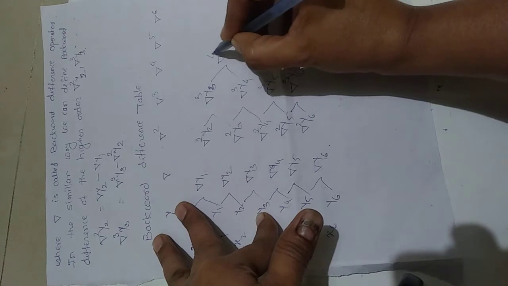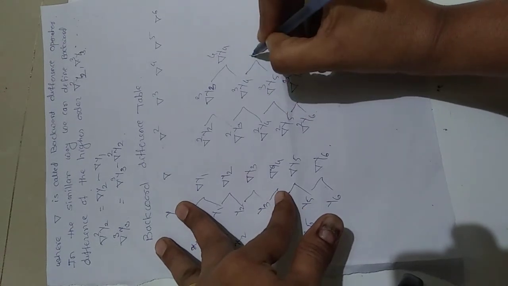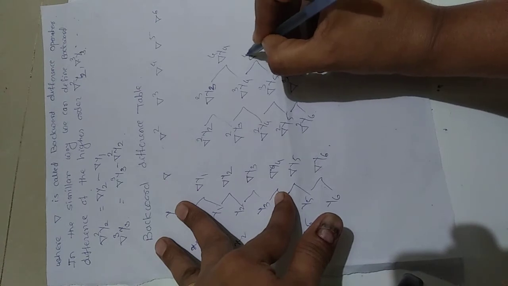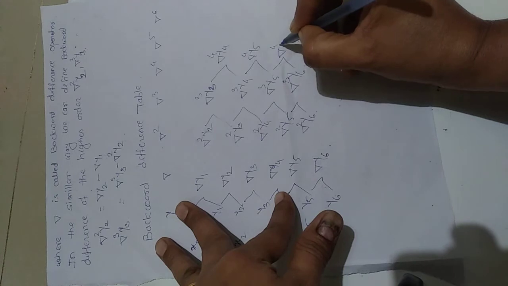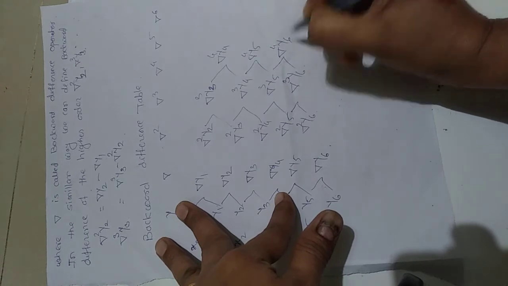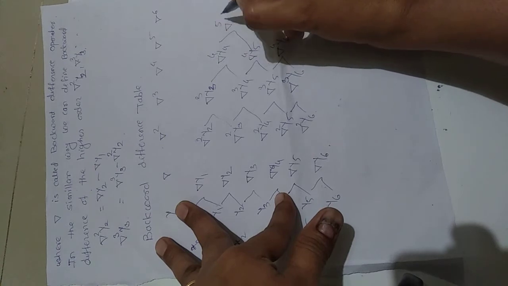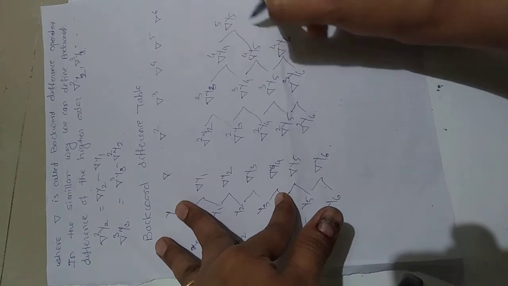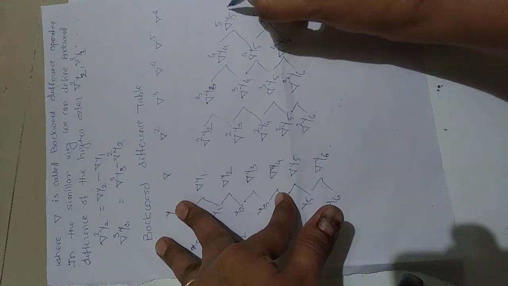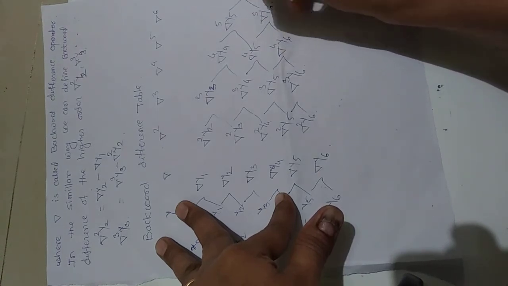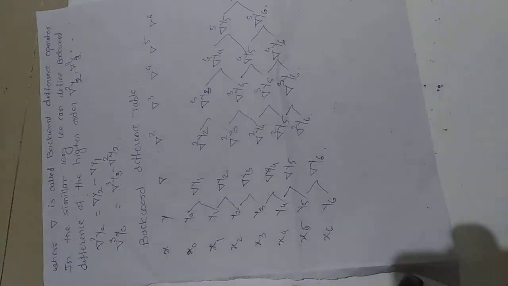Del raised to the power 4 y4, del raised to the power 4 y5, and del raised to the power 4 y6. Difference between two, del raised to the power 5 y5, and del raised to the power 5 y6, and the difference between these two, del raised to the power 6 y6.